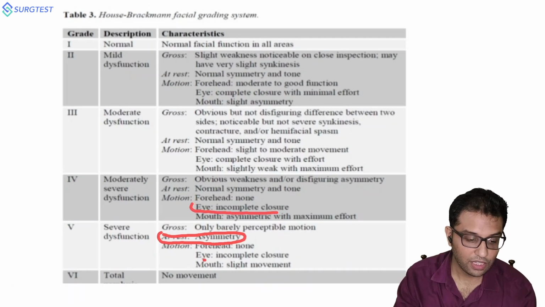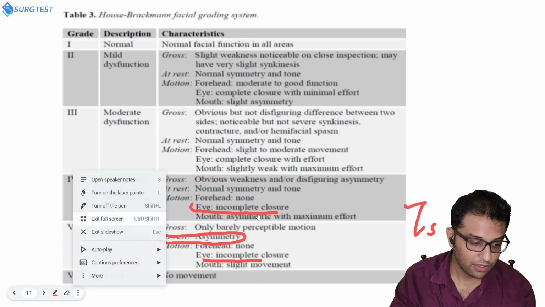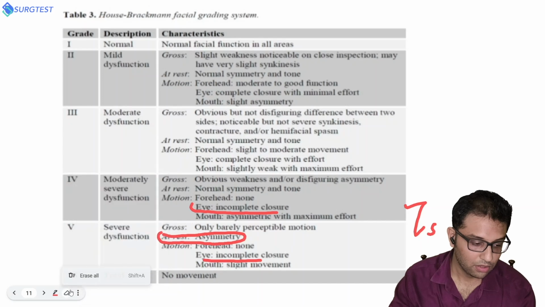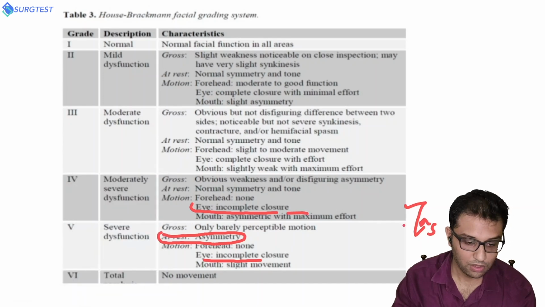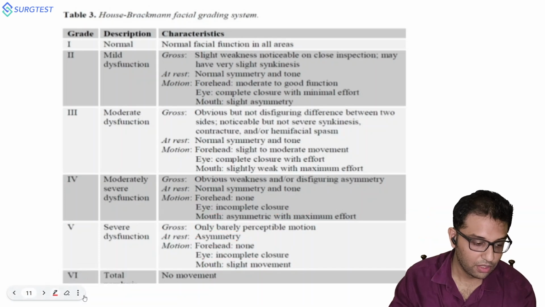In grade 5 also it is incomplete, but how to differentiate the eye closure of grade 4 versus grade 5?